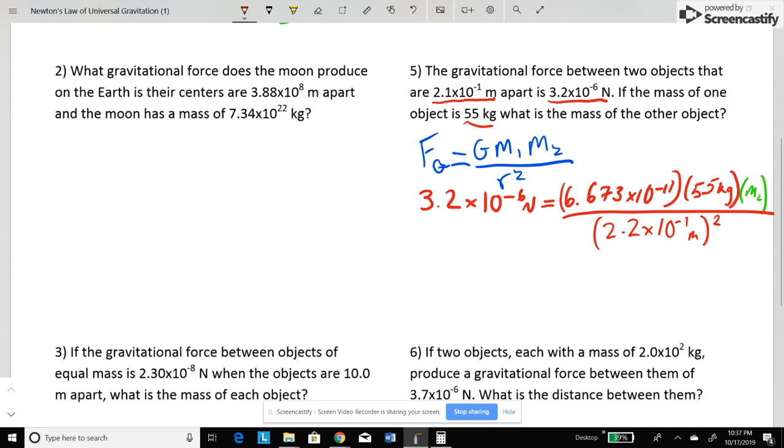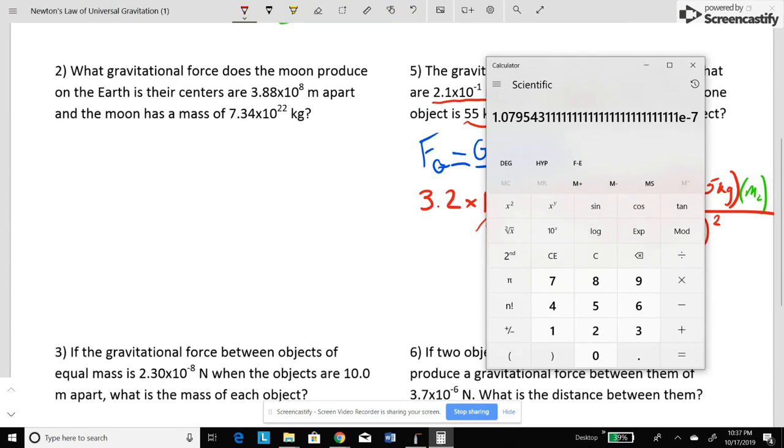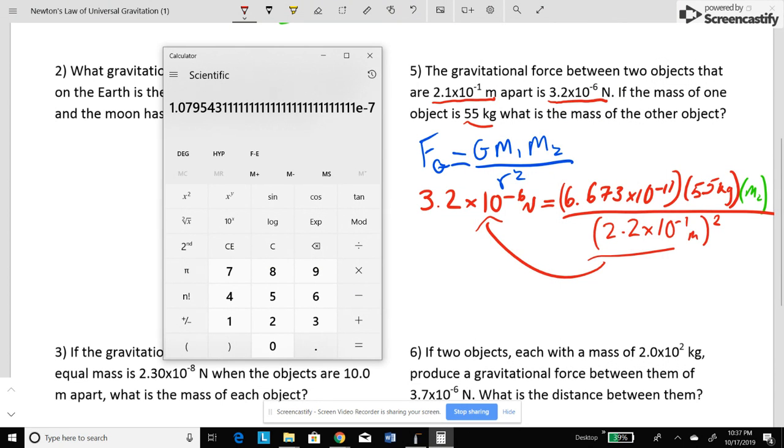All right. So my first thing is I'm going to get rid of this square, right? I want to get rid of it so that I can move this whole thing to that side. So I'm going to clear my calculator. It should be 2.2 times 10 to the negative 1. So it should be 0.22, and then I'm going to square that.